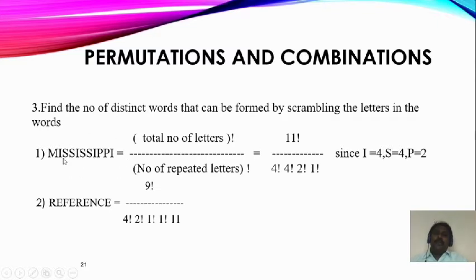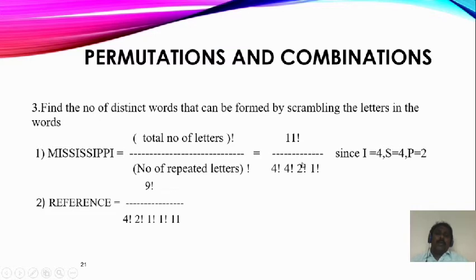So here the formula for distinct words is the total number of letters factorial by the factorials of the repeated letters. First of all, we have to see how many letters there are. Total number of letters: 1, 2, 3, 4, 5, 6, 7, 8, 9, 10, 11. So the total number of letters in this word is 11.